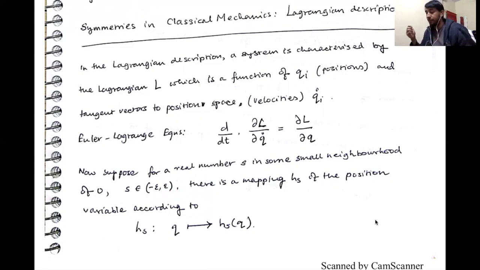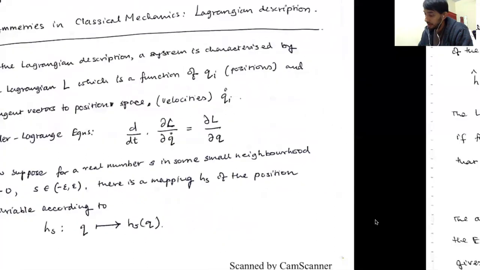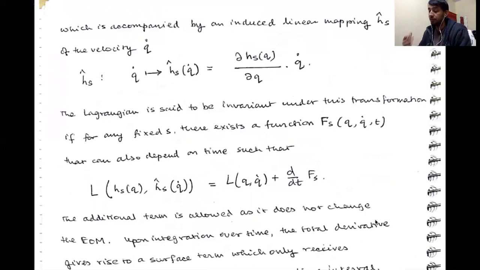And now suppose that for this there is a mapping h_s of this position variable. This maps q to h_s of q. Okay. So if there is a mapping of this, this is going to induce a linear mapping h_s hat of the q dots as well. So that's straightforward.